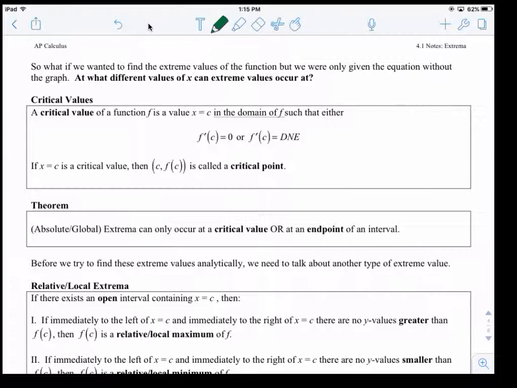So at what values of x can extreme values occur? We have things called a critical value of a function that's in the domain. That value is when the derivative is equal to 0 or the derivative does not exist. That point is called a critical value, and the point is called a critical point, okay?